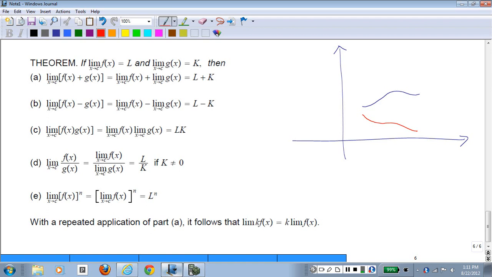Think I could draw the graph of the sum of those two functions? Sounds like a job for GeoGebra, actually, or even the graphing calculator. Maybe point by point I could give it a shot. Not a bad exercise, although technology will take care of this far more efficiently than we can do it. So if we've got a value here for the g function and a value here for the f function, we'd want to add those together.